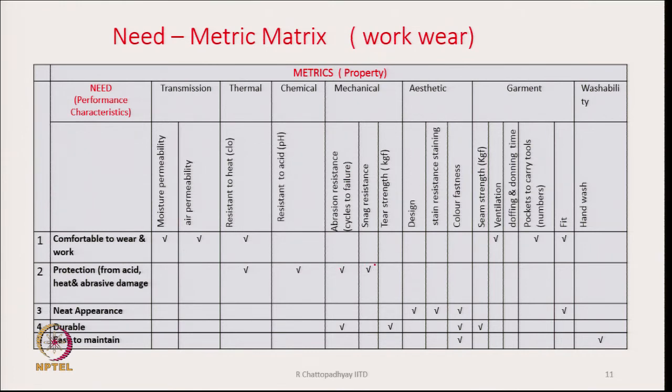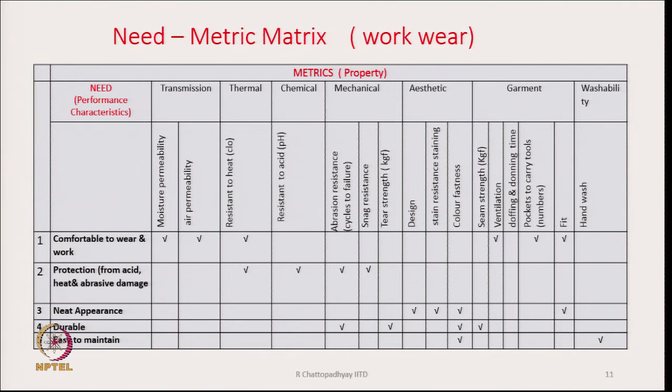Strand resistance, there is a tick. So, these are the relevant ones. Then we come to the rest of the properties. If we feel they are not suitable, we don't put any tick there. So, these are relevant for the protection from acid, heat and abrasive damage.